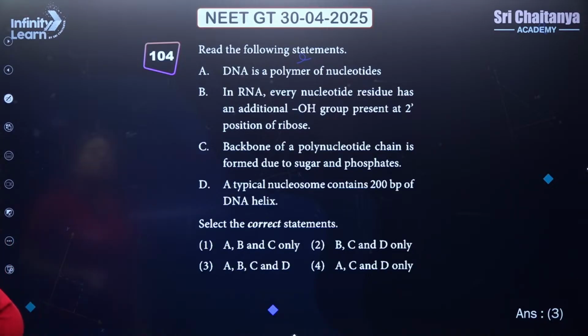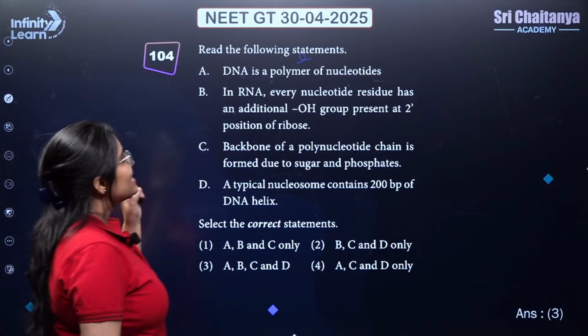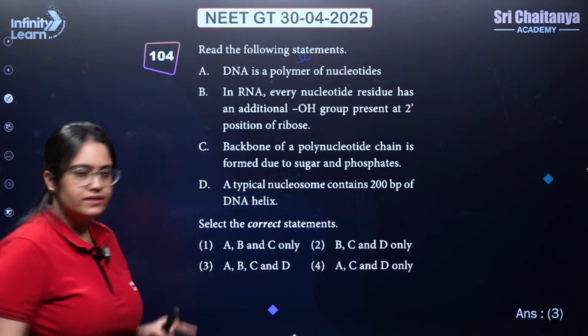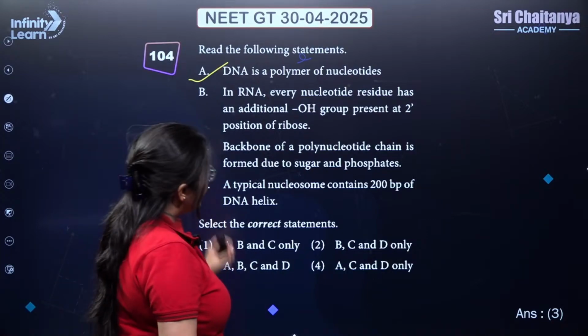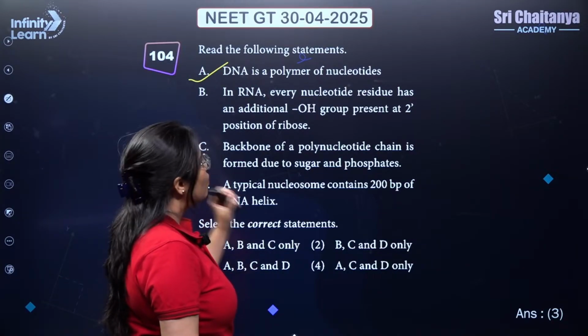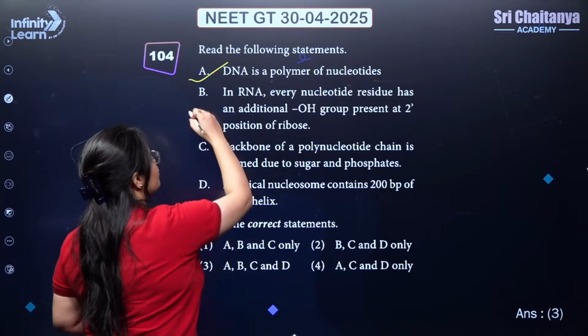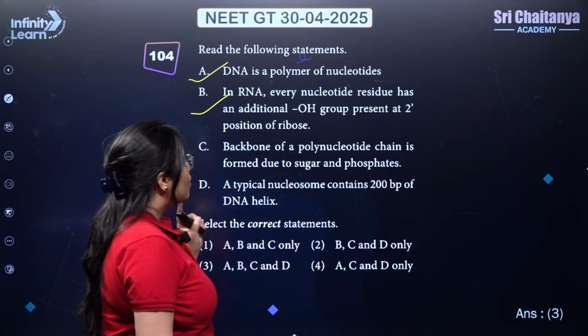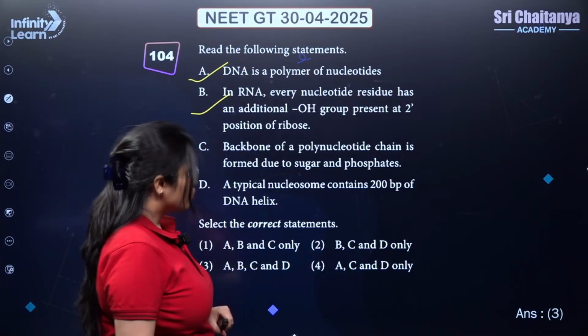Next, read the following statements. DNA is a polymer of nucleotide. This is correct. In RNA, every nucleotide residue has an additional OH group present at second position of ribose sugar. This is also correct. Backbone of polynucleotide chain is formed due to sugar and phosphate.